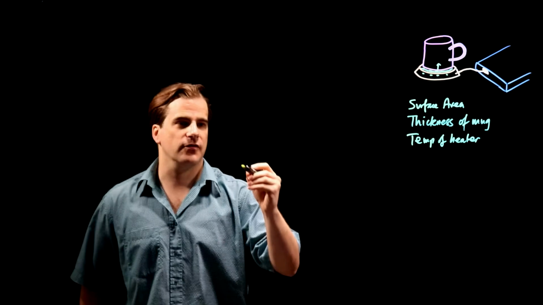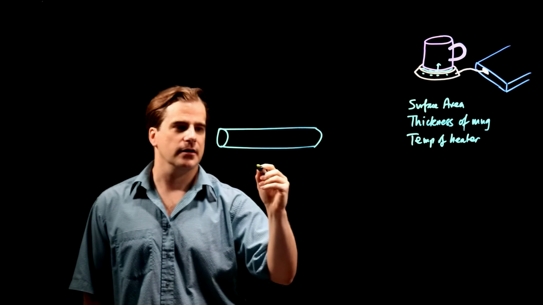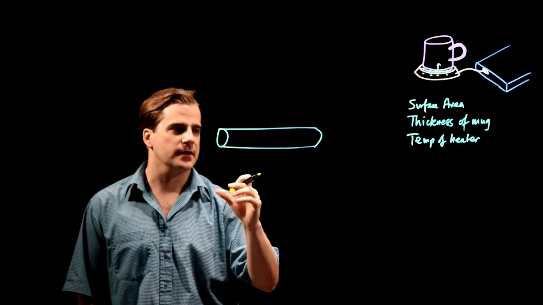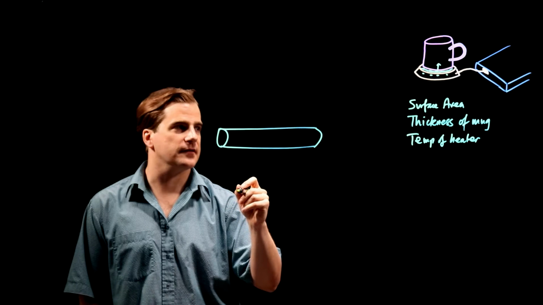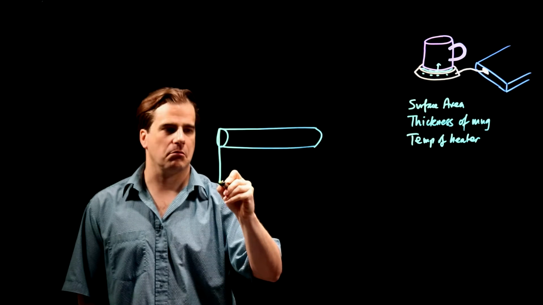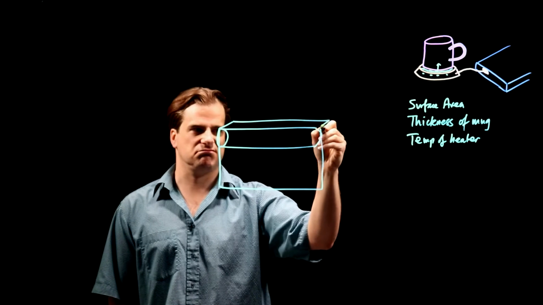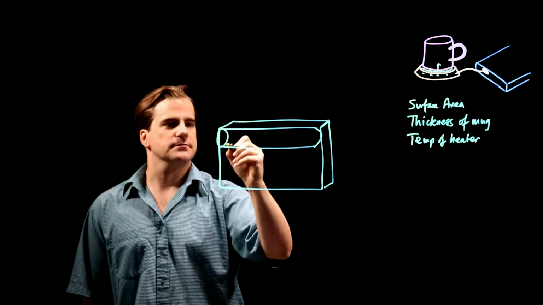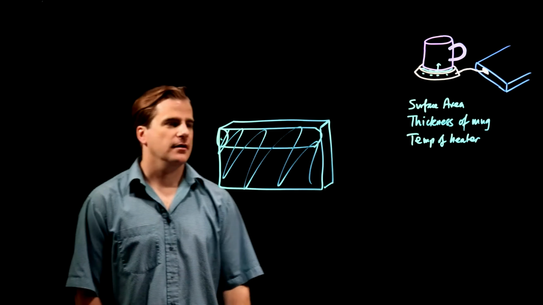So if you have, I don't know, an iron bar, okay, let's turn it into an iron block of some sort. So it's just a lump of iron.